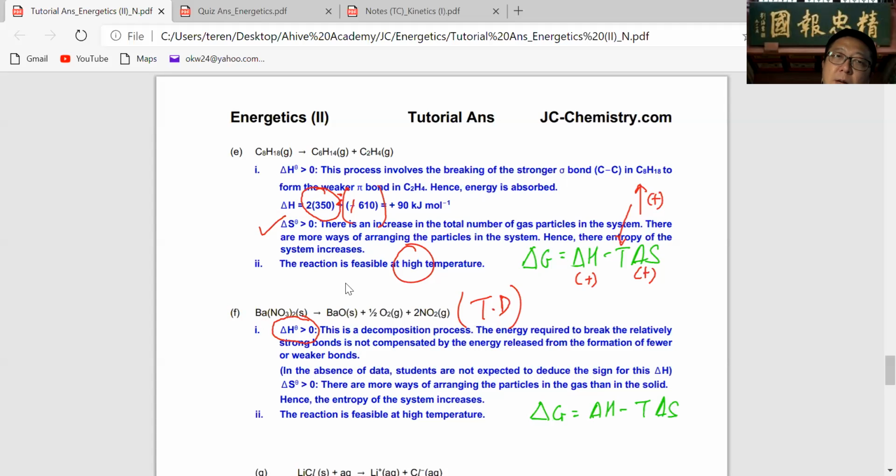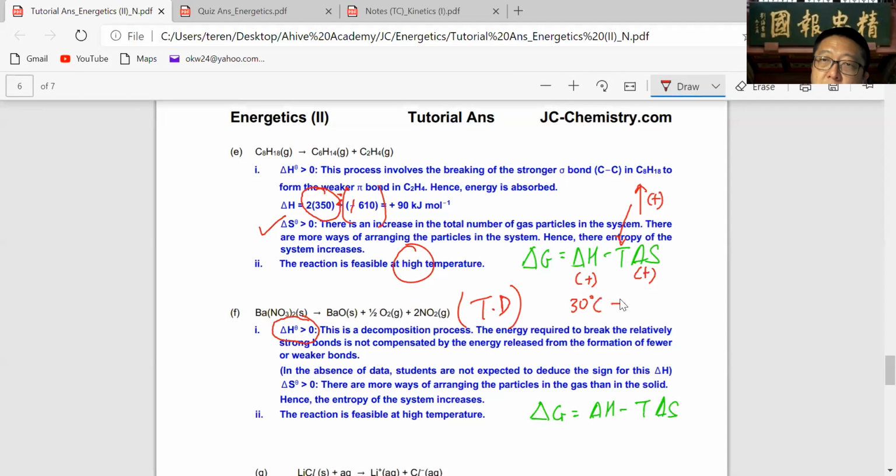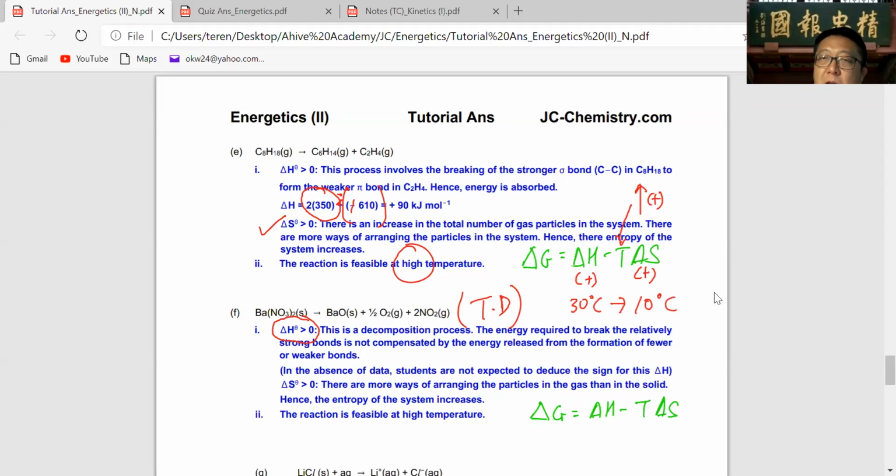Temperature drop means it's endo. You are taking in heat. The system is taking in heat. That's why before and after the temperature drops. Probably the question will tell you from 30 degrees, you end up becoming 10 degrees Celsius, something like that. Of course, it won't be so low. I'm just using an example. So at the end it is 10 degrees Celsius.